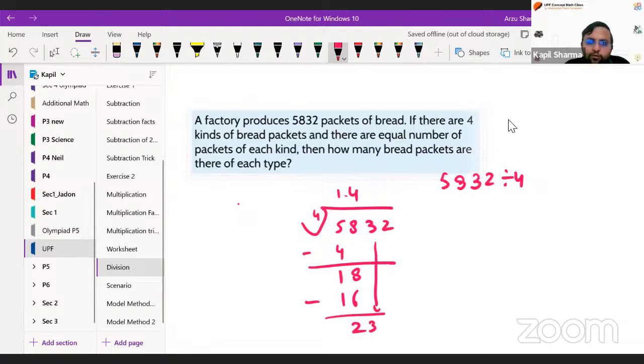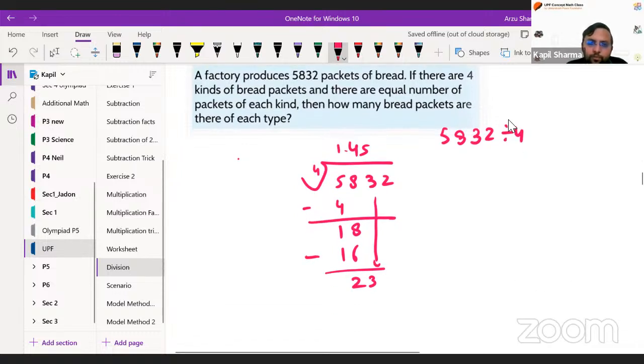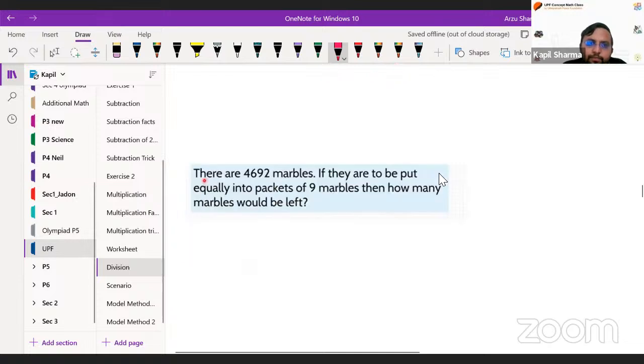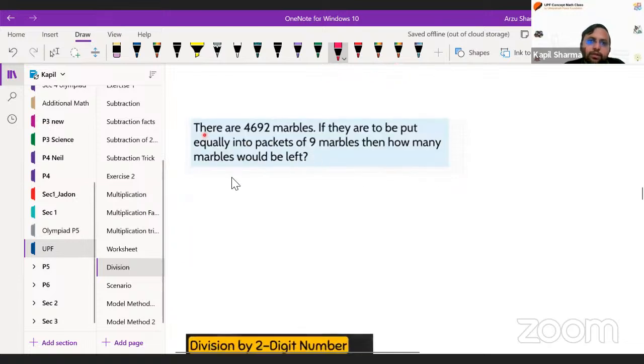Then 4 times 5 is 20. And finally, we have 32. 4 times 8 is 32. Okay, so 1,458 packets of each type. Okay, now try this.